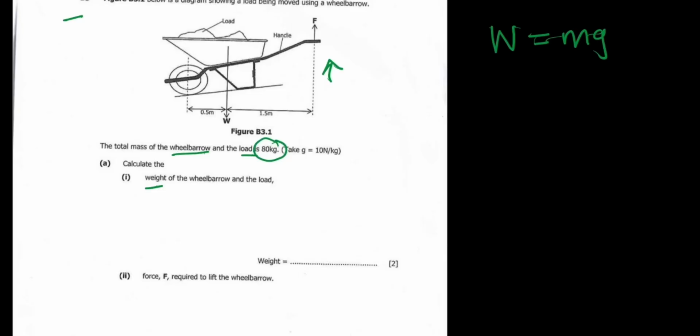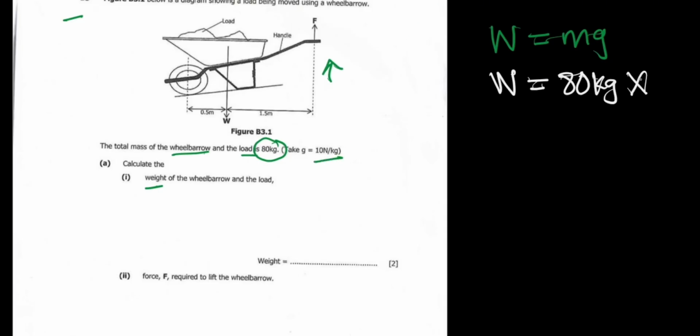So we are going to say weight is going to be given by the mass that we have, which is 80 kg, times, notice we have the acceleration due to gravity here, which is 10 newtons per kg. So this is our acceleration due to gravity.